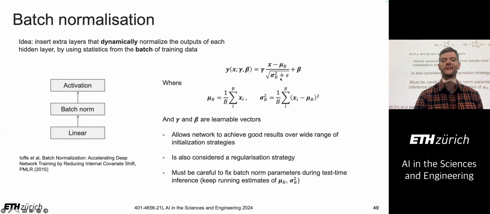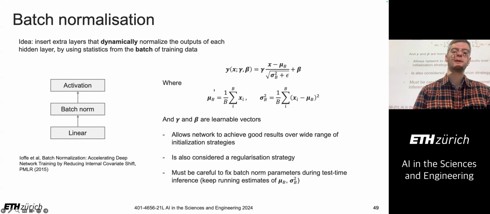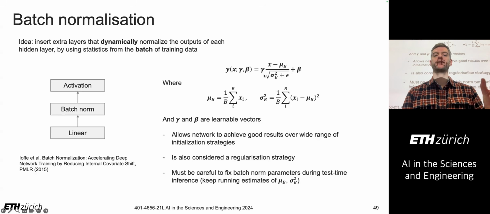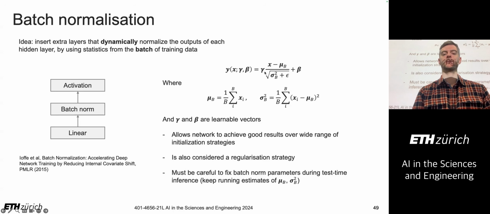And when we do batch normalization, we also have a couple of learnable parameters that we introduce, this gamma and beta here. They're initialized, again, between -1 and 1, but they can vary, and it just gives the layer the opportunity to undo the normalization if the learning algorithm thinks that's a good idea.